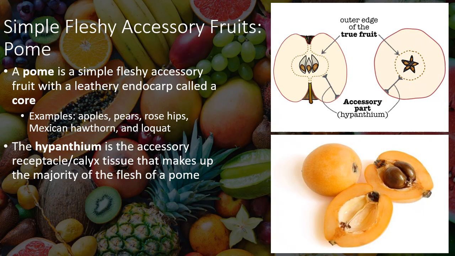Everything beyond that is accessory receptacle tissue, and tissue from the other floral whorls, which has basically been wrapped around and over the top of the ovary, engulfing the ovary in tissue that isn't actually true ovary wall.